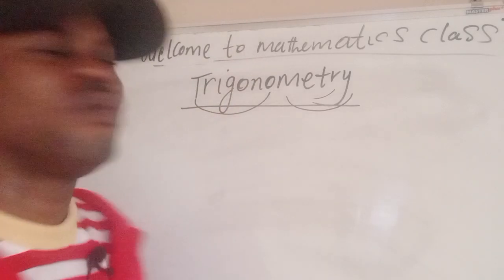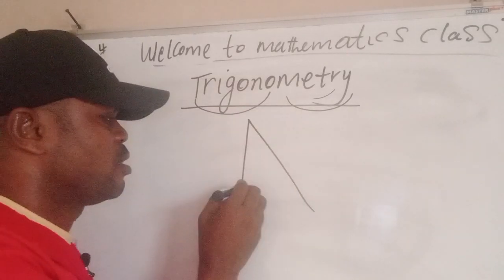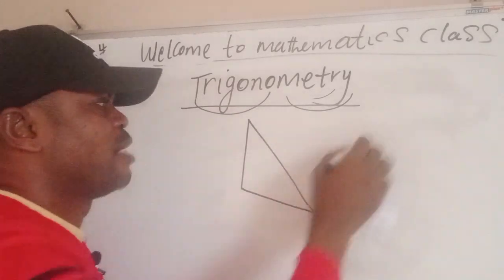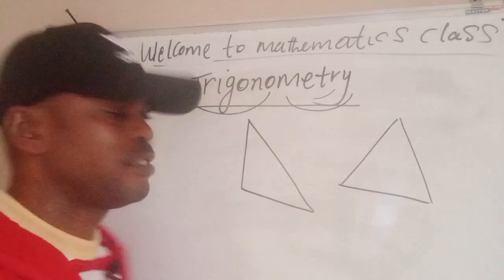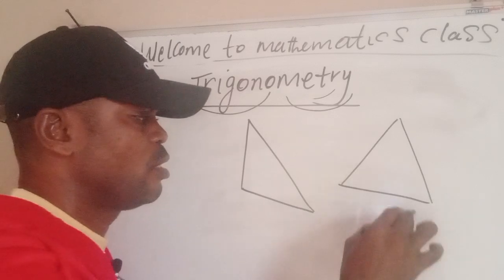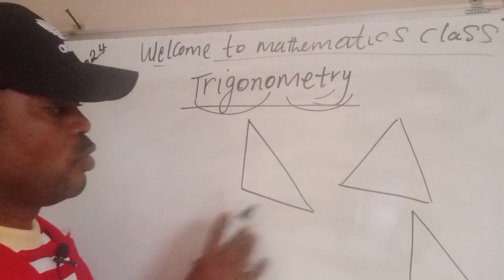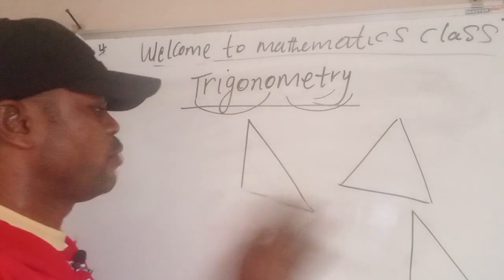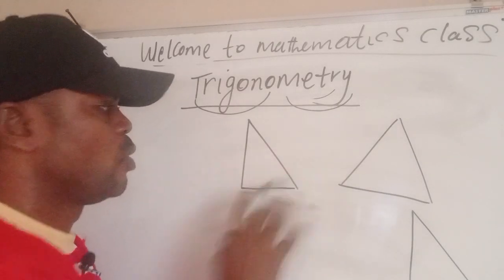Of course, you and I know quite well that a triangle is simply a polygon that has three sides. It could be any of the shapes you see on the board.